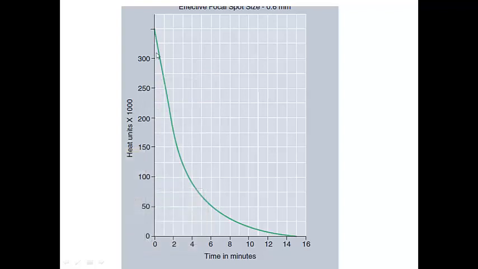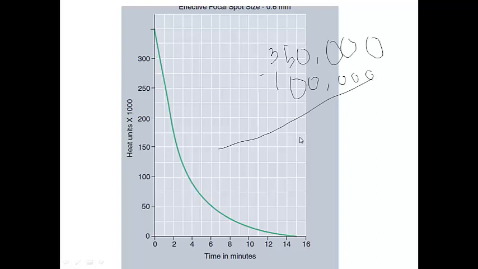So that means we have the maximum of 350,000 minus 100,000, and here we get 250,000.